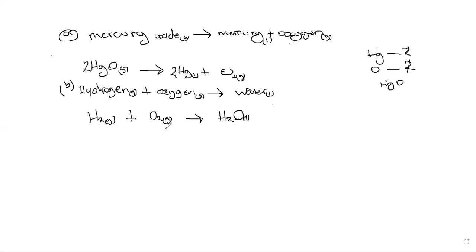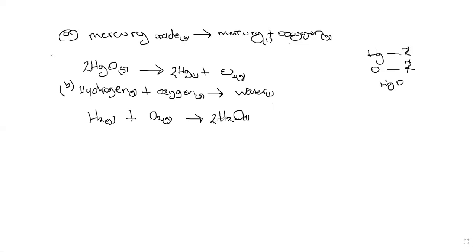Now the question is, is this equation balanced? Here we have two hydrogen, two oxygen, here one oxygen. So the equation is not balanced. We need to balance it. Here we will need to have two oxygen as well, so we're going to add the 2 here.